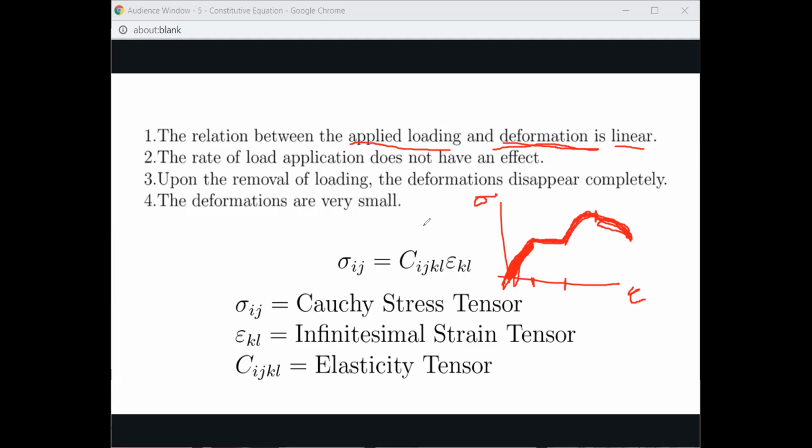There is, for example, kasi, just to cite an example, para maintindihan niya. For example, I have this column, okay? I have this column or something. Now I apply some loading here, okay? And some loading here. Okay.